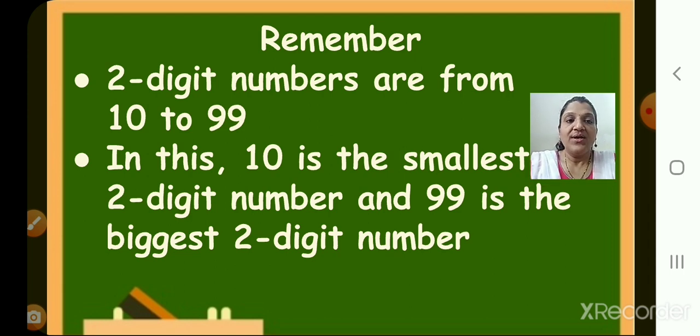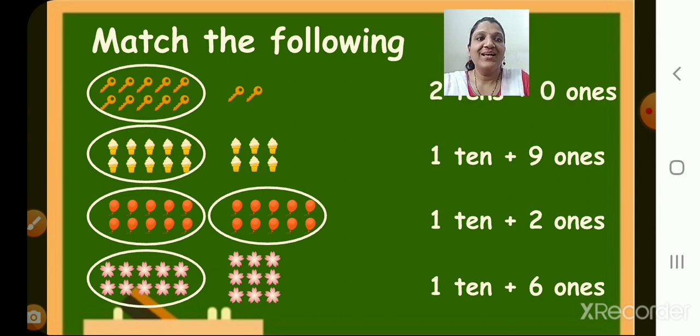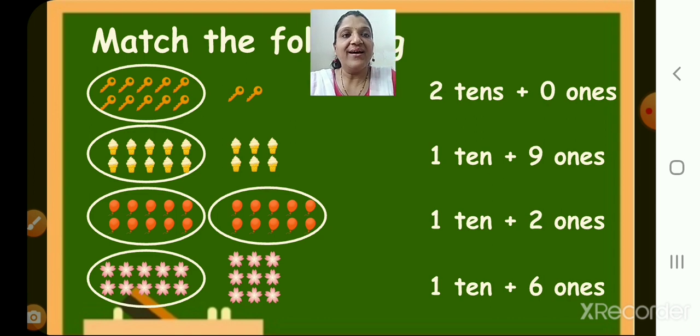So, we have learned the concept of tens and ones, and we saw some examples as well. Based on it, we will do one activity. Match the following. Children, here you find few pictures at the left side and numbers and their places at the right side. We have to match them accordingly.